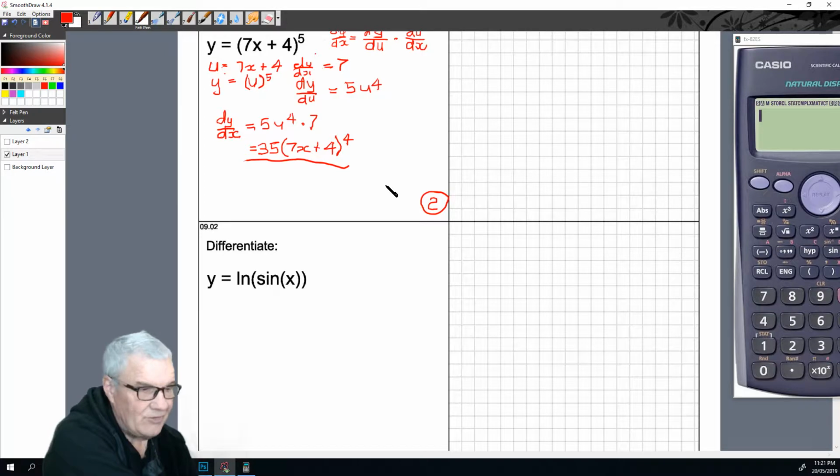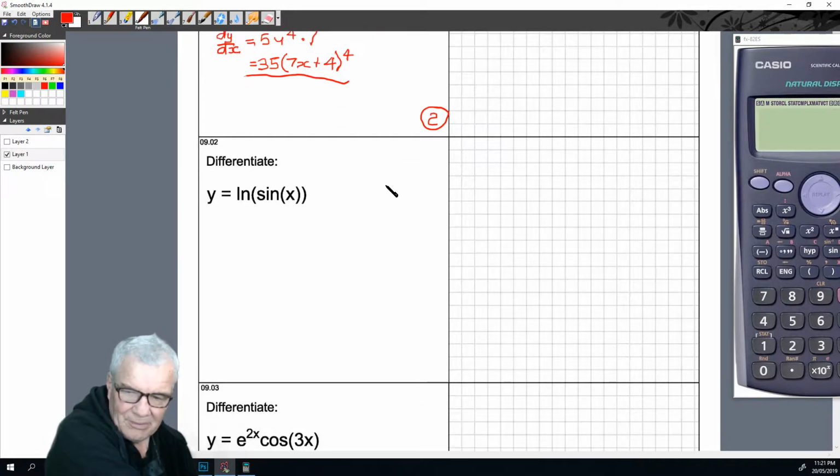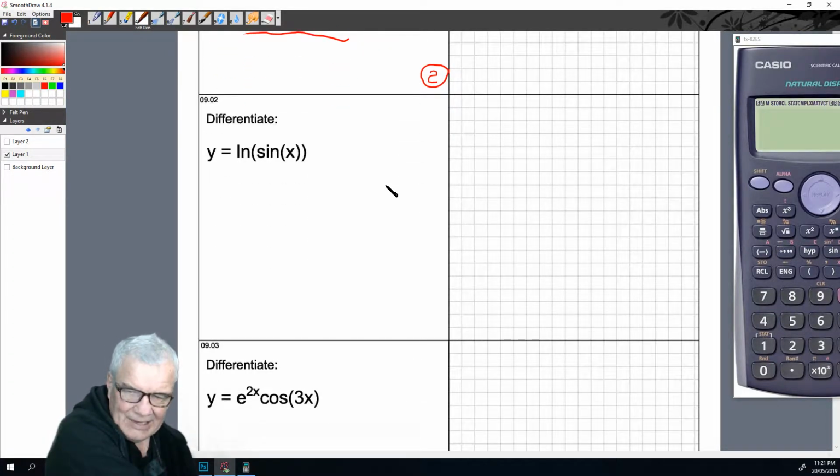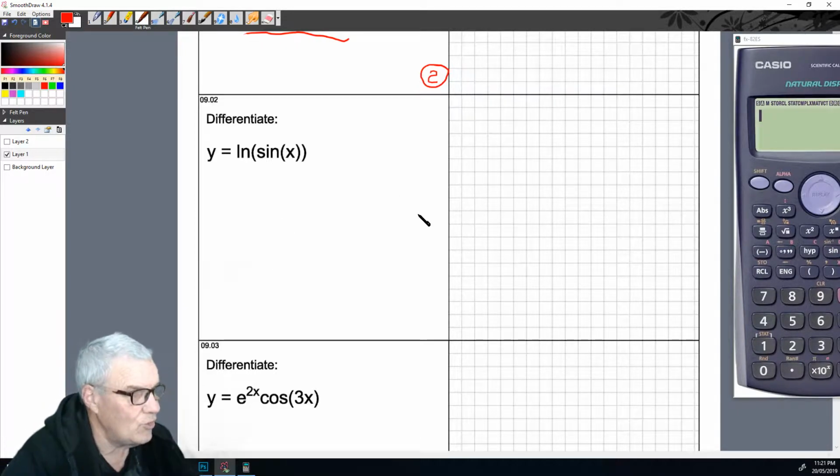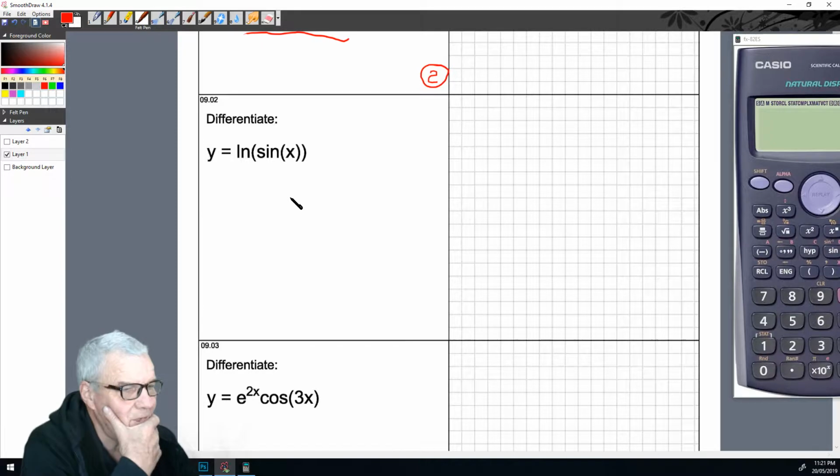I'll just move that down there, put it up above my head so my head doesn't get in the way. Moving along to question 2. Looking at this, we've got a log and then we've got the sine inside it.